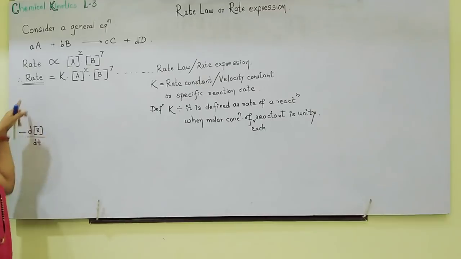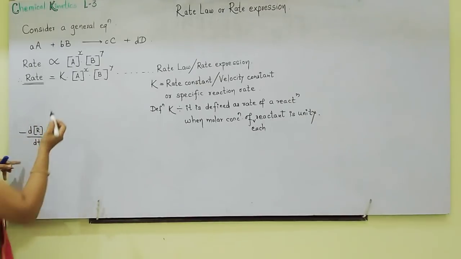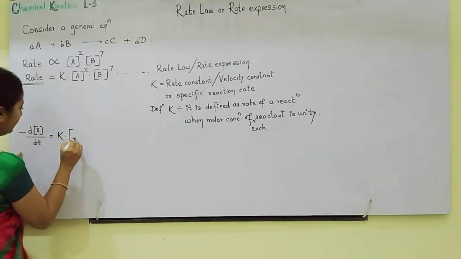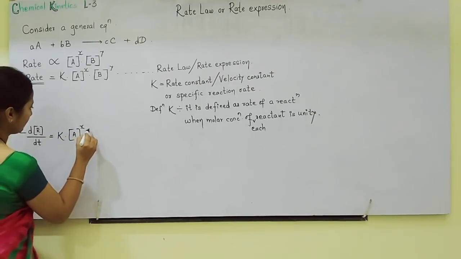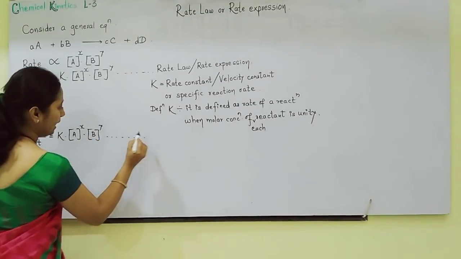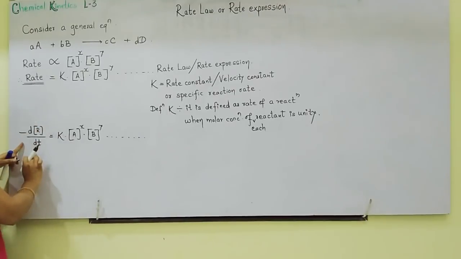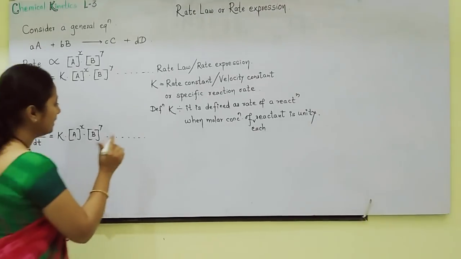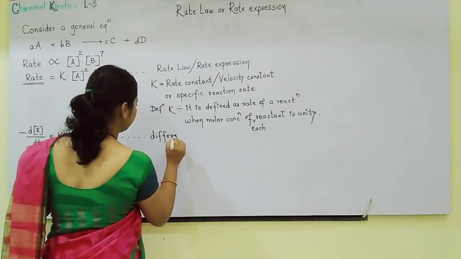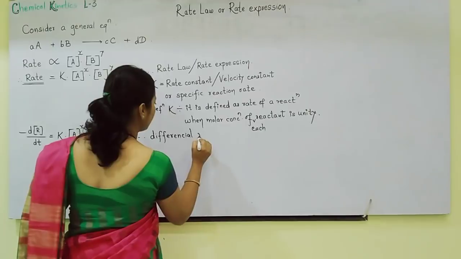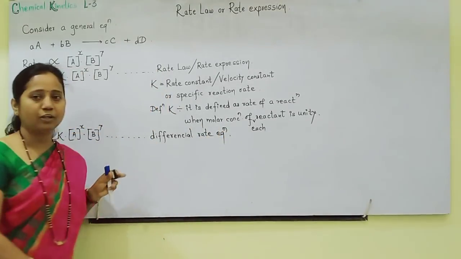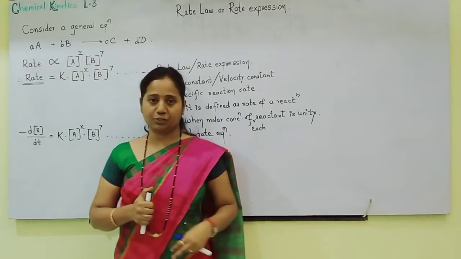This is how rate can be expressed, which is equal to K and so on. If rate is expressed using differentials like this, then it is called the differential rate equation.